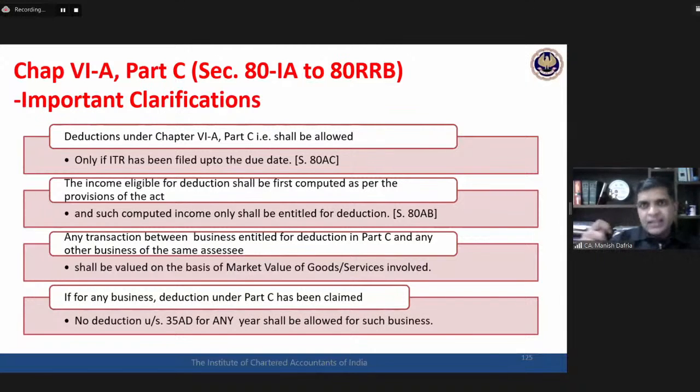So in the second year, the employee's salary may go up, still the same deduction would be available. In the second year, employee salary may go down, still the same deduction would be available. In the second year, the employee may leave the organization altogether, still the same deduction which we have claimed in the first year will be available. So in the second and third year, no further conditions are required to be seen.